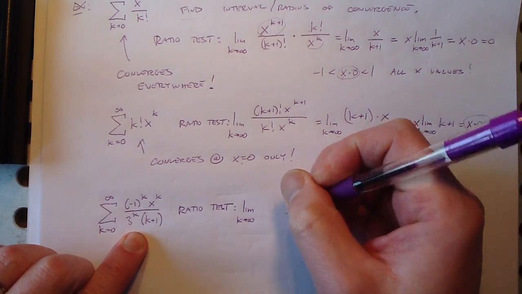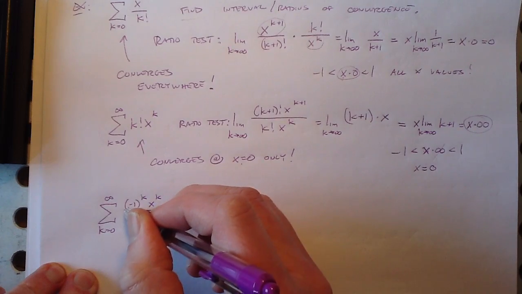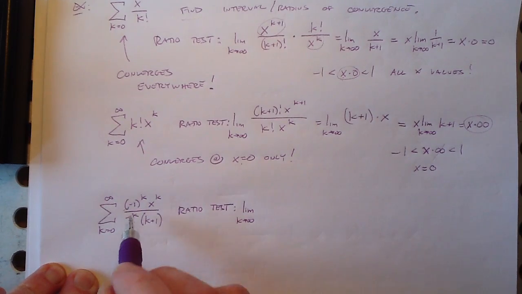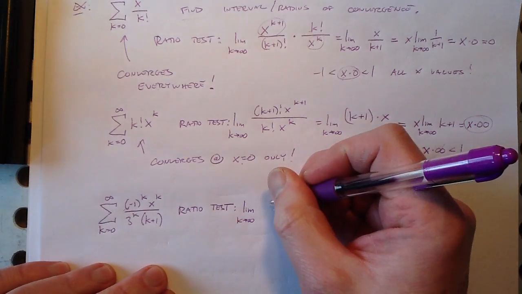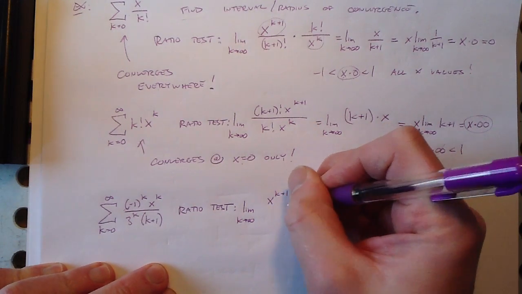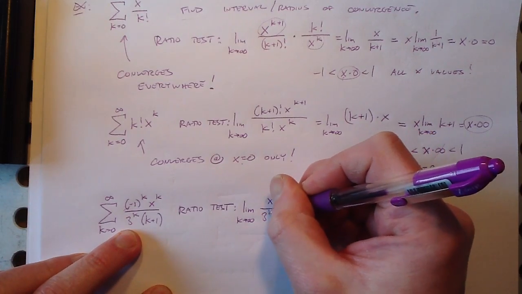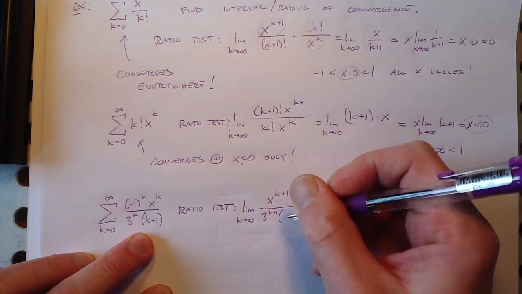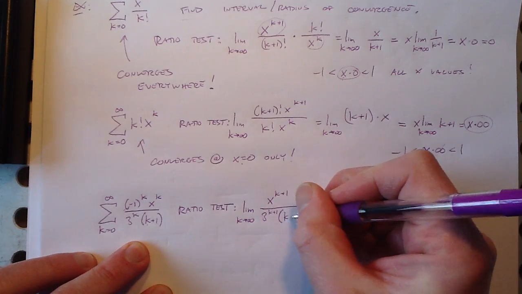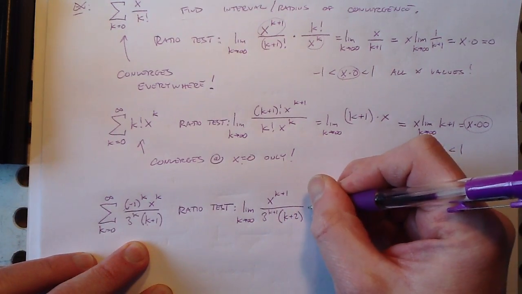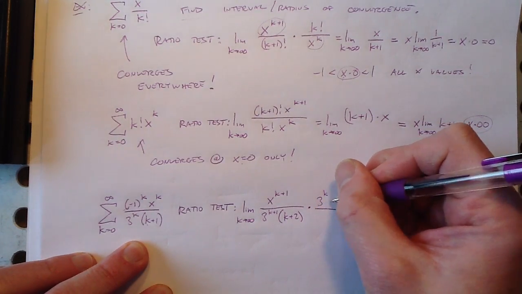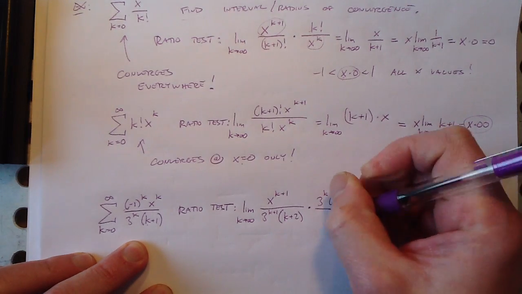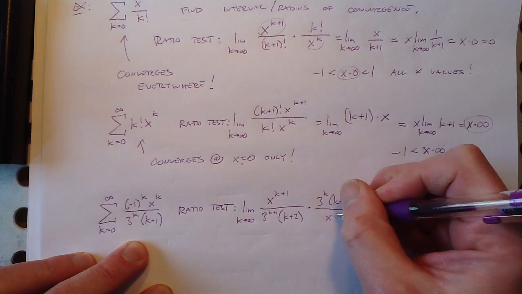All right, we have the k plus 1 term, and remember the alternator, we throw that out when we're doing the ratio test. We'll come back when we have to check the endpoints. If we do, then that will be important then, but not now. So we leave the sign flipper out. So that's x to the k plus 1 over 3 to the k plus 1 times, when I put k plus 1 in here, I get k plus 2, right? Multiplied by the reciprocal, 3 to the k times k plus 1 over x to the k.